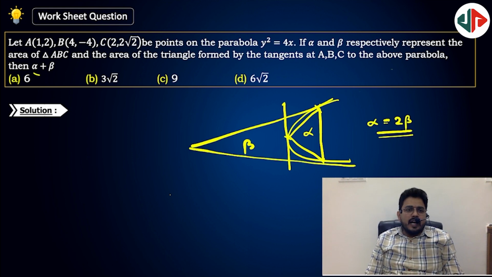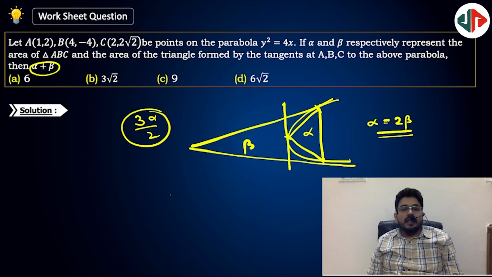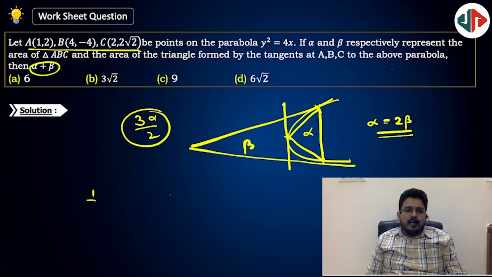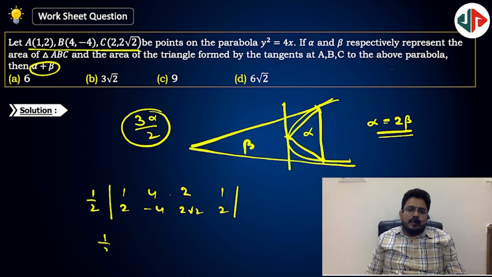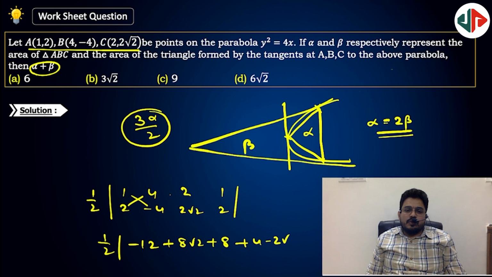So they are asking (alpha + beta) by 2. So I require 3 alpha by 2. So you just check what is the area of the triangle formed by ABC of (1, 2), (4, -4), (2√2, 1). So 1/2 times of (-4 - 8 - 12) plus 8√2 plus 8 plus 4 minus 2√2.